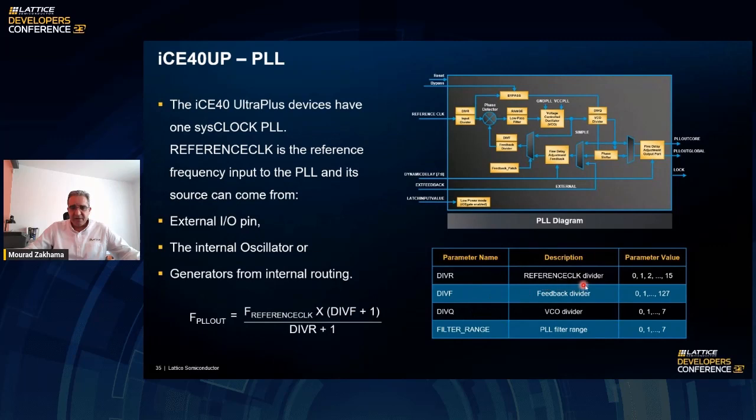So it's a reference clock divider, feedback divider, and VCO divider. And they are configured to have a value between 0 and 15 or 0 and 127 for the different dividers. And each family will have a different setting, obviously. But in order to calculate the output frequency of a PLL, you have the input frequency multiplied by DIVF plus 1 and divided by DIVR plus 1, basically for this iCE40 PLL.